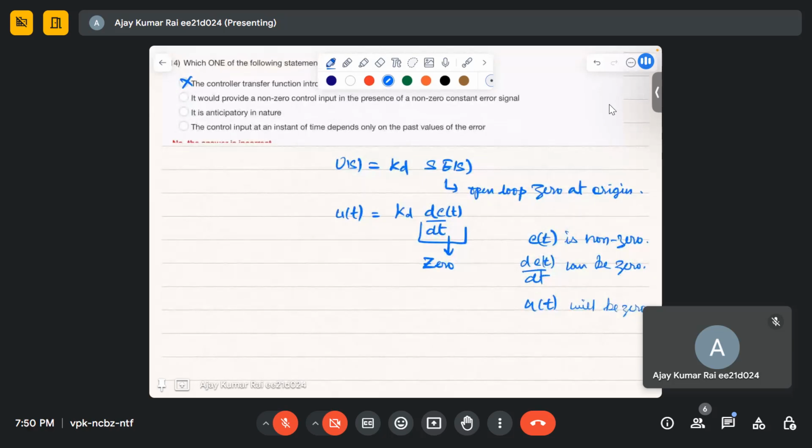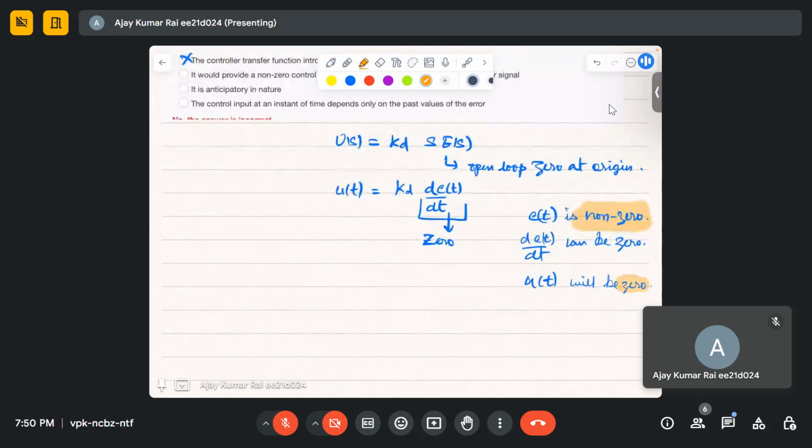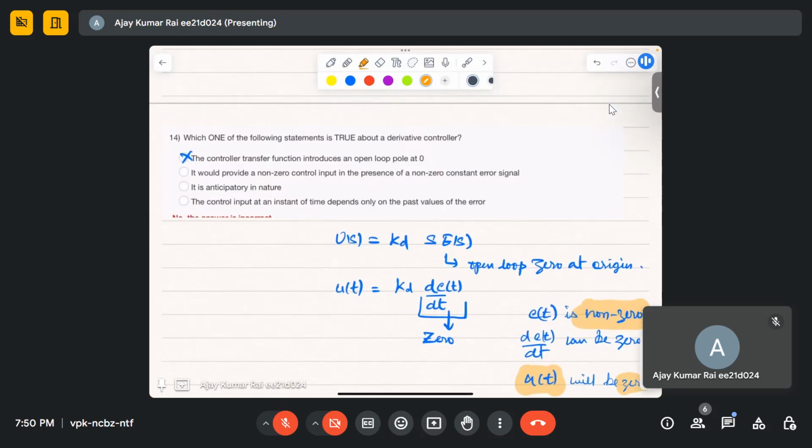So for a non-zero error you're getting what? Zero u of t control input. So this statement is also wrong, right? It can provide a zero control input in the presence of a non-zero constant error.